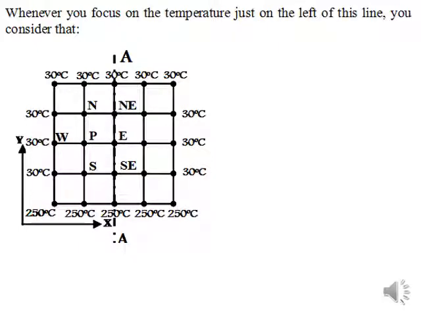So now when you focus on the temperature just on the left of this line, you will consider that all points just on the left of this line are equal to the corresponding neighbors for these points. So you prepare yourself. Once you approach the line of symmetry, you decelerate your effect, calm down, and do not let something be exchanged as heat when you come to your stop, because you will start your image from the same point of symmetry, so as to have identical temperatures.